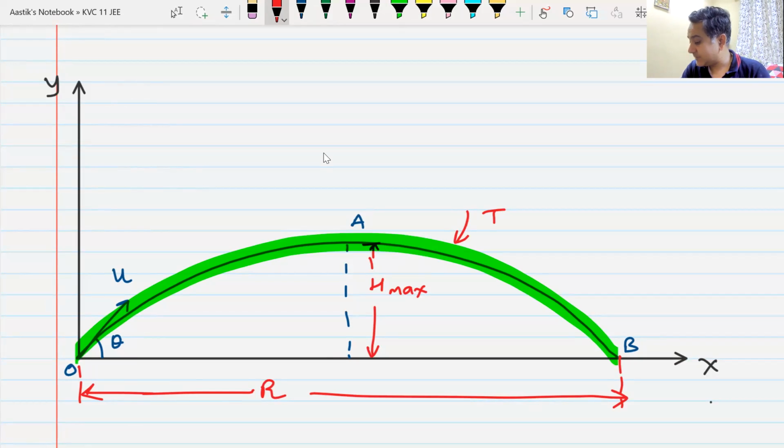Yes or no? These are the 3 terms that we had seen, and let us talk about these terms. How are they related? But before going into that, we will write some important points of what we have read about projectile.